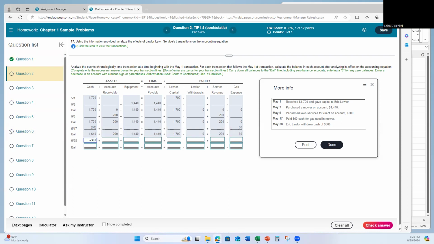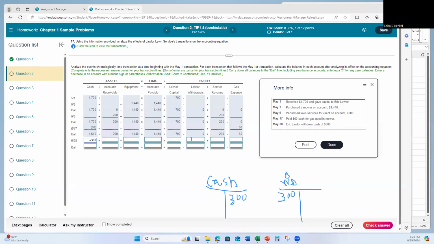Showing what that would look like in a T account, we would be crediting the cash for 300. And then we are going to be taking a withdrawal. I'm just going to put WD. So owner withdrawal, OWD. We would then debit that for 300, because debiting decreases equity like we just discussed a moment ago.